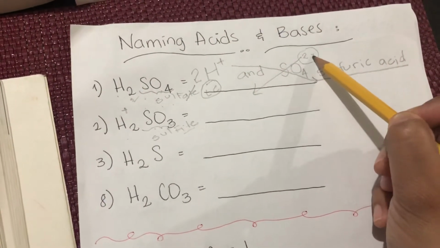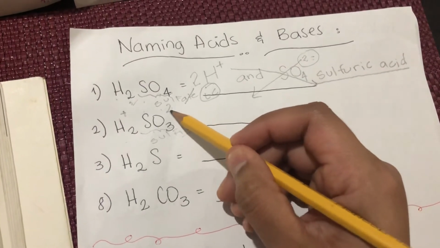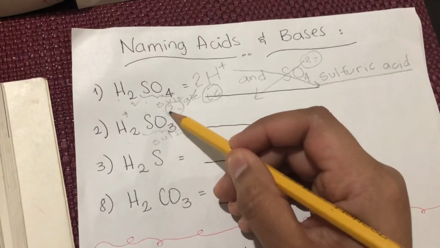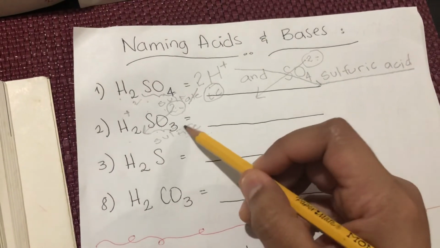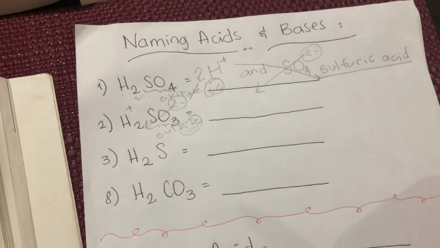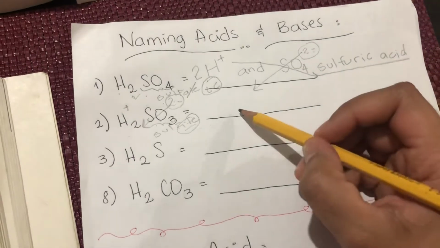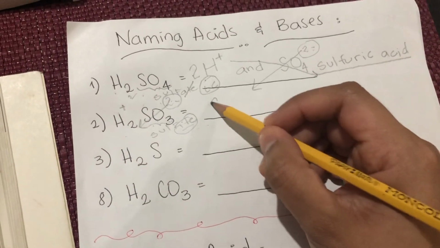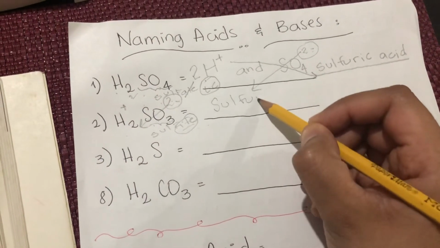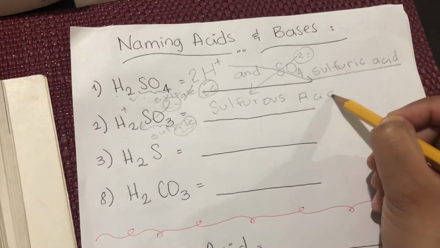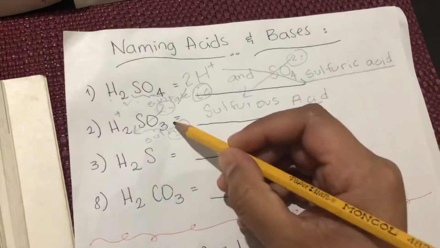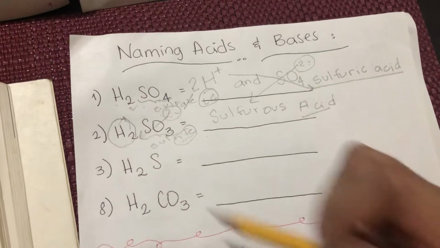That means it's also going to have a 2- charge. That's the reason my formula has a subscript 2 for hydrogen. So for sulfite, I'm going to replace the ending ITE with OUS: sulfurous acid. My acid is going to be my hydrogen ion.